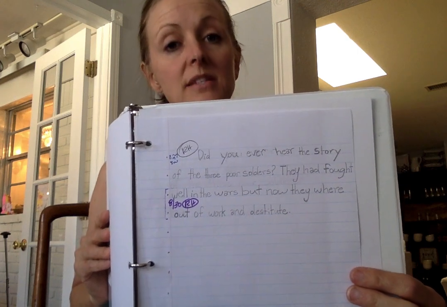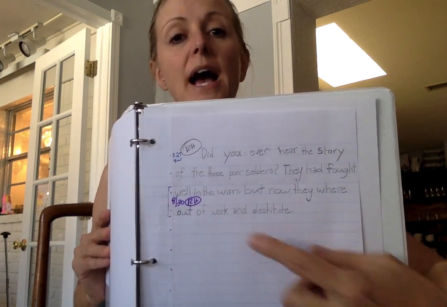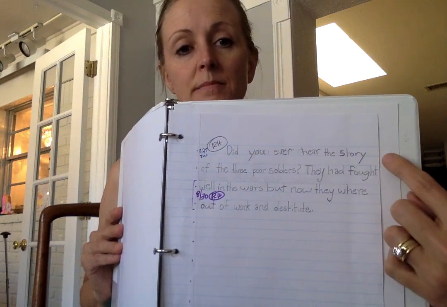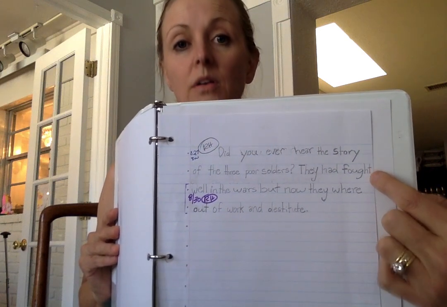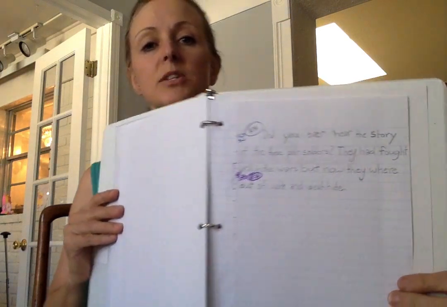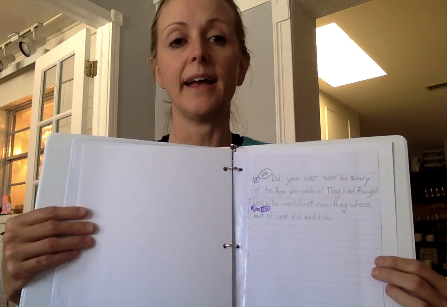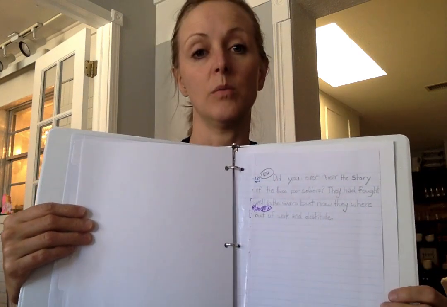So after we've fixed them in class, they will now be able to copy them on this notebook paper correctly. So that's one thing you'll need to be checking for before you initial, is to make sure that they've capitalized correctly, used the correct punctuation, and made sure that all the fixes are represented here in the rewrite. You will date and initial the work that you did at home for that day.